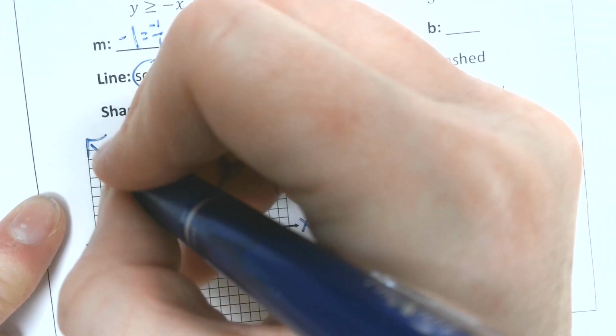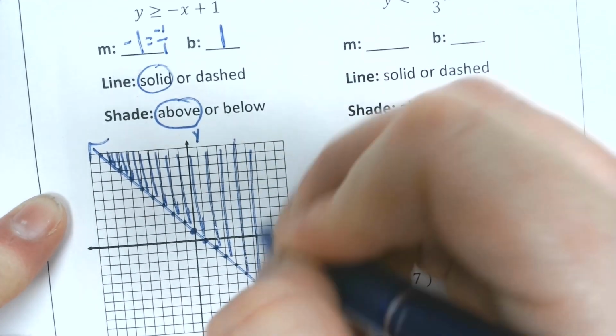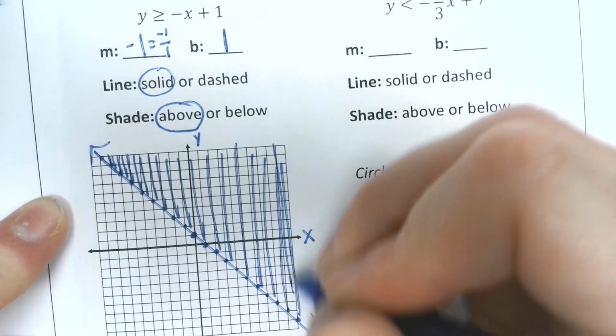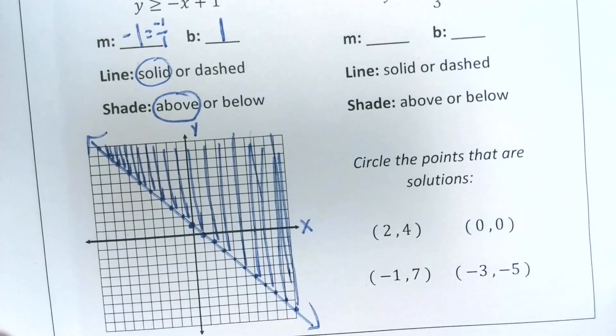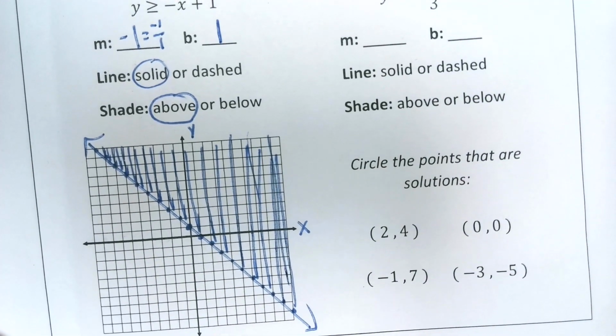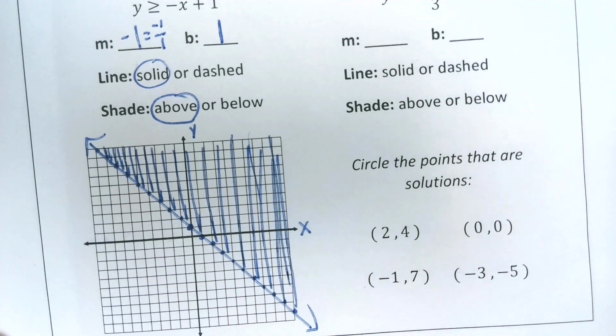Think about shading above as going above the y-intercept. Look how I shaded it. Make sure you shaded it the same way. Don't get crazy with your shading. Just do a little happy shading.